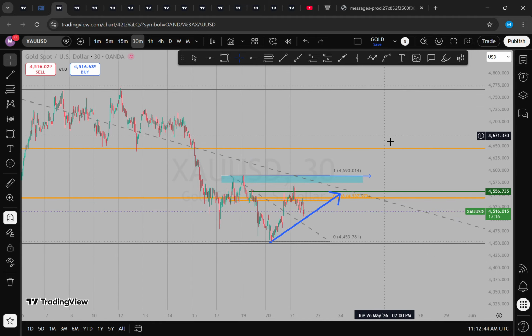Right now on 30 minutes, we are seeing a short term sell. So we keep waiting and see what the market will do. Obviously, we expect the market to buy to this zone.